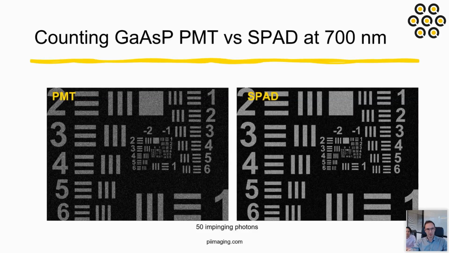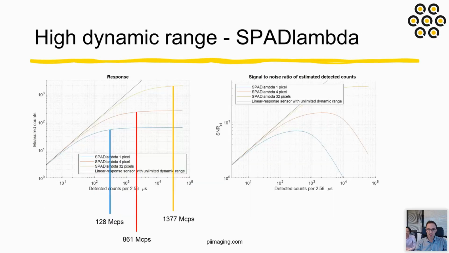In contrast to SPADs, which have extremely good sensitivity all the way to 950 nanometers. So the increased signal-to-noise ratio comes in conjunction with a really high dynamic range.